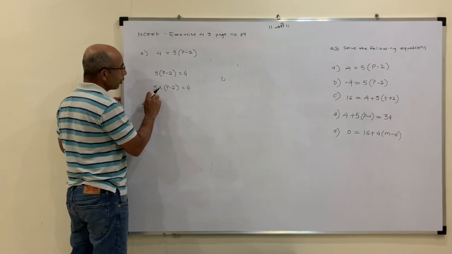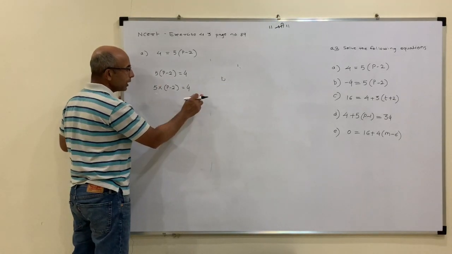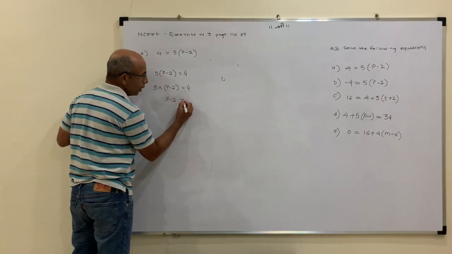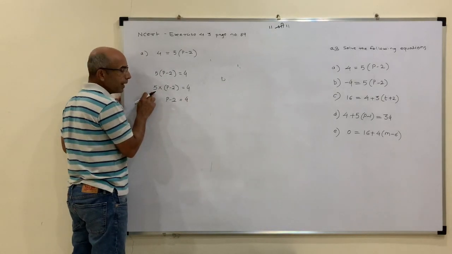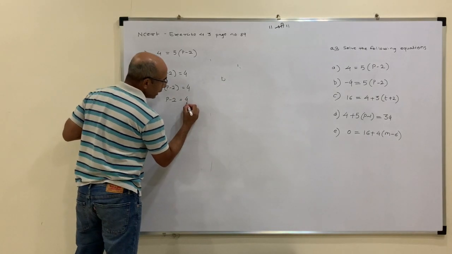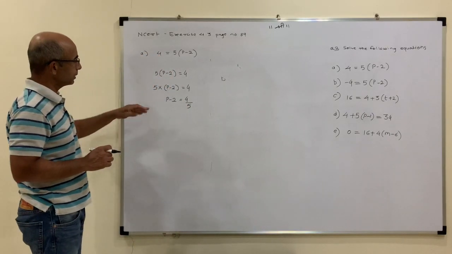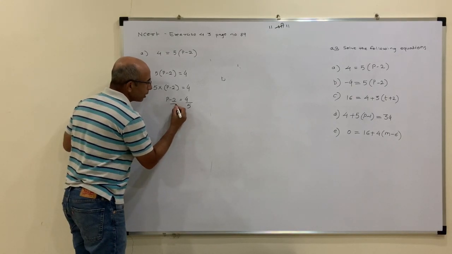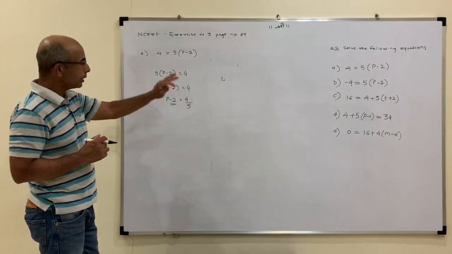So now I am going to transpose this multiplicative 5 onto the right hand side. So my next step will be P minus 2 equals to 4. Now since 5 is multiplied on the left hand side, it will be divided on the right hand side. So next step will be, now I need to transpose this minus 2 from left hand side to the right hand side.